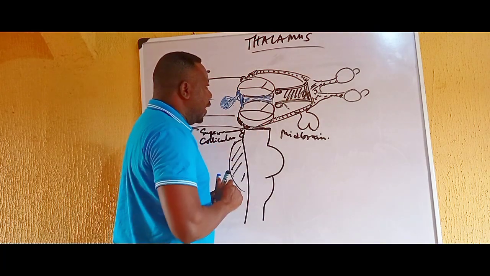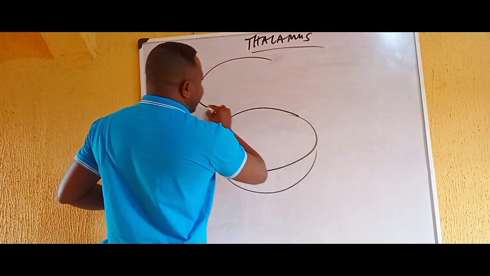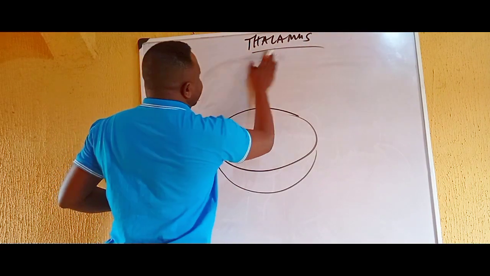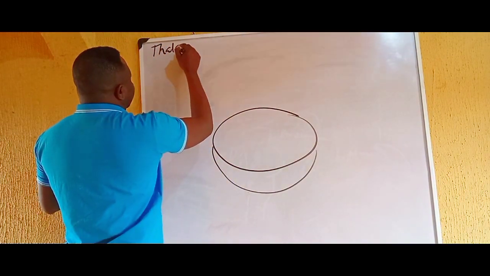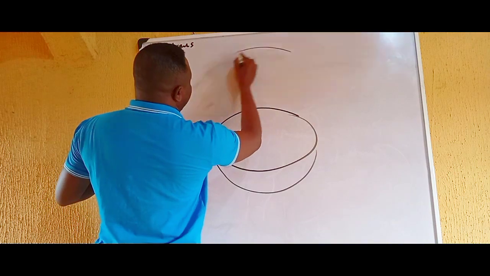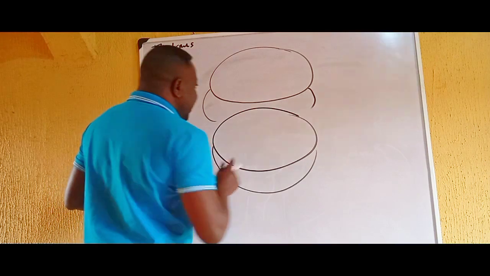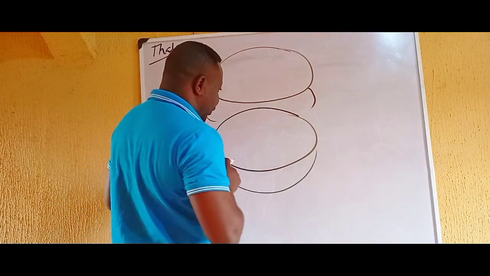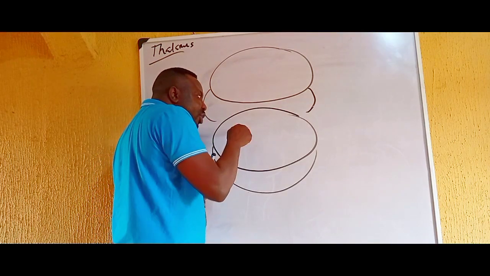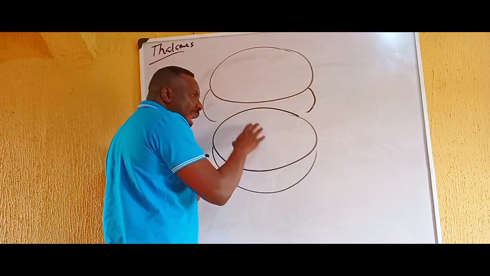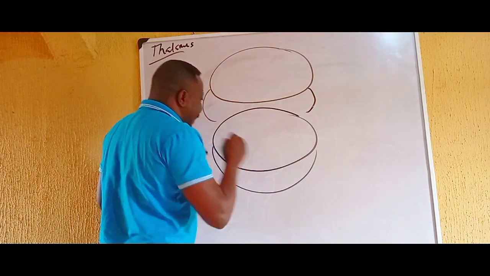Now let's draw another structure of the thalamus. I'll draw another one. Now this is the right thalamus and this is the left thalamus. Now there is a white matter structure within the surface of the thalamus that divides the thalamus into a medial part and a lateral part.